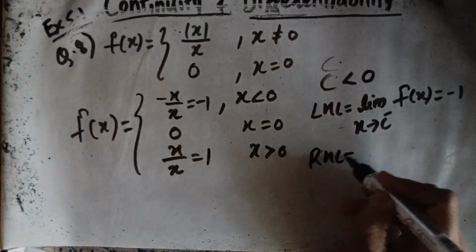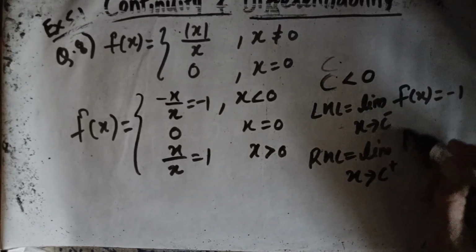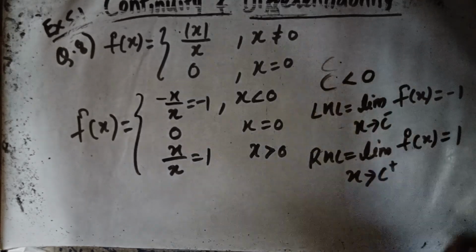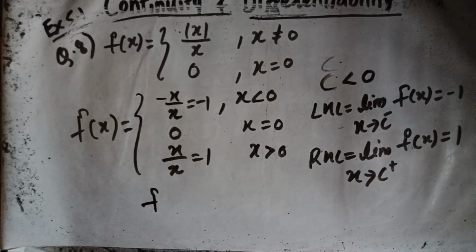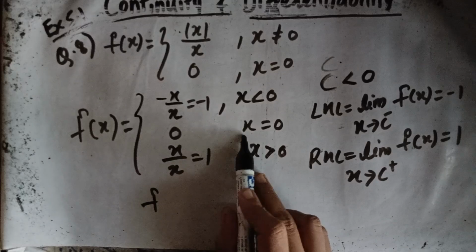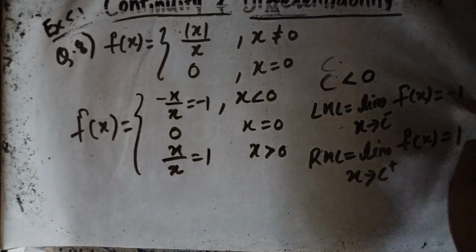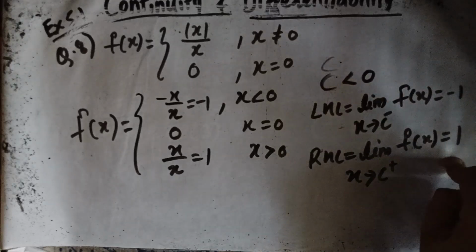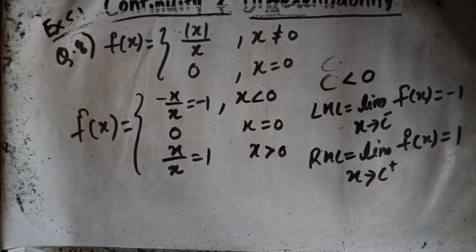What about the RHL? As we approach from the right hand side, the value of that function is plus 1. And at x equal to 0, the value is 0. So we can take c less than 0, c greater than 0 and c equal to 0. So LHL is not equal to RHL, so the function is discontinuous at x equal to 0.